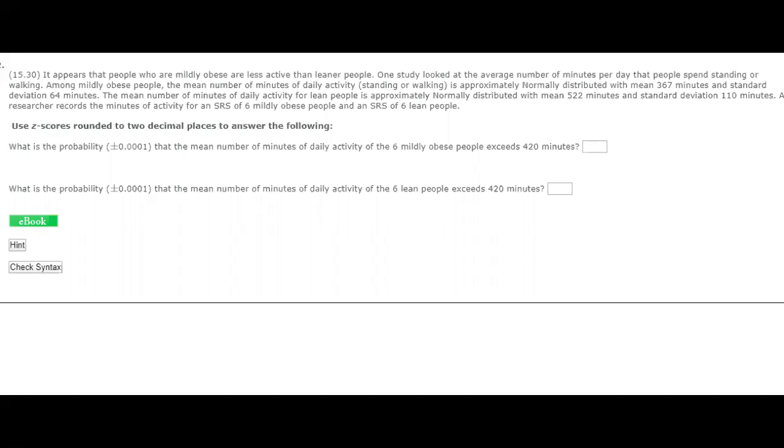Well, to begin with, I'm going to draw myself a diagram, right? So having a visual of a bell curve can help us get an understanding here. One thing we know for both samples, we're dealing with 6 samples.